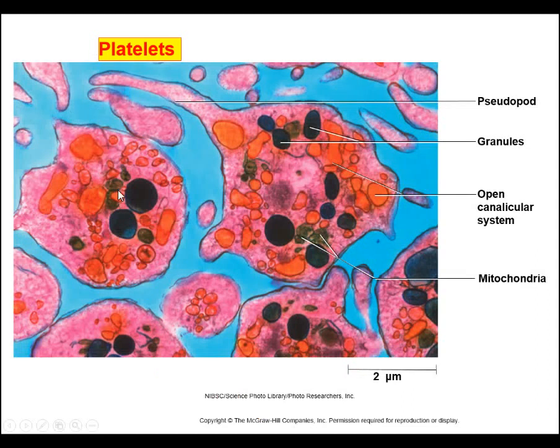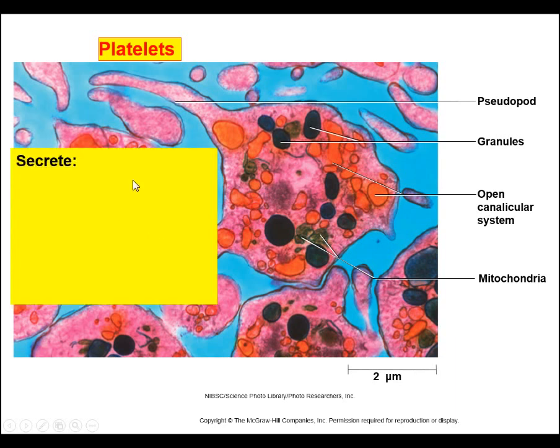Let's take a closer look at platelets. Platelets are not just a piece of a megakaryocyte. Look at all these vesicles that these platelets contain, and quite a variety of substances that they're capable of secreting and releasing. Here's an example: vasoconstrictors.